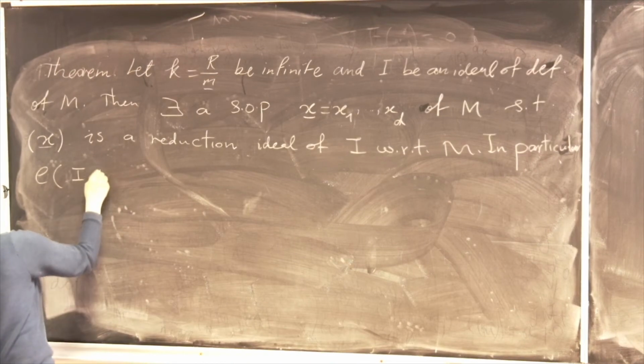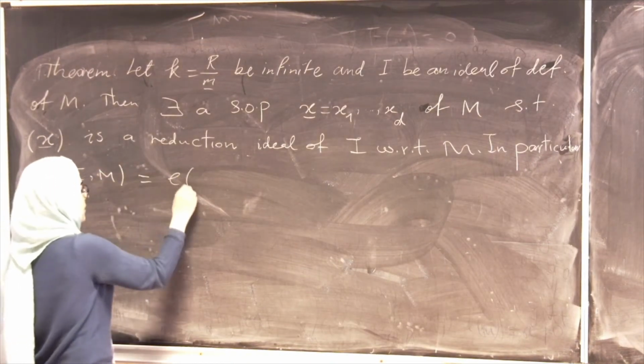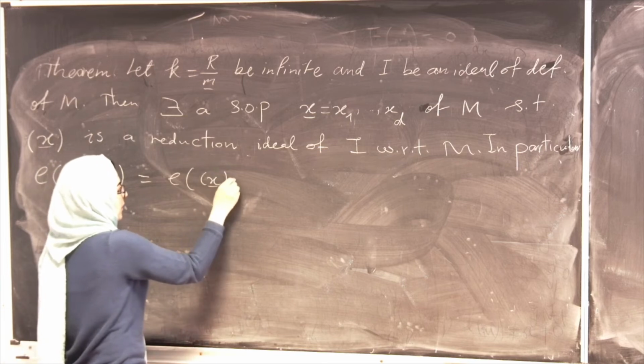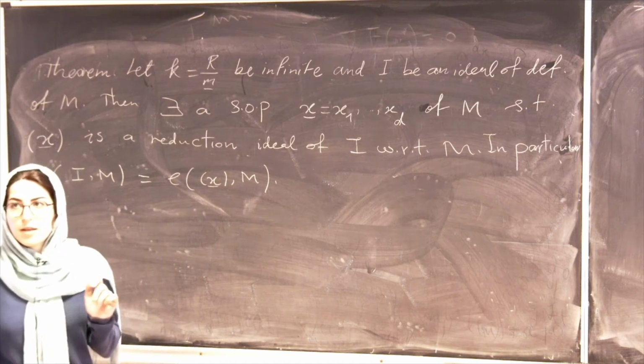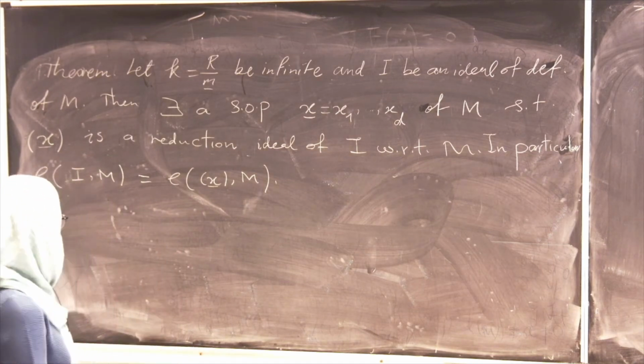So the multiplicity of M with respect to I is just the multiplicity of M with respect to the ideal generated by this system of parameters.